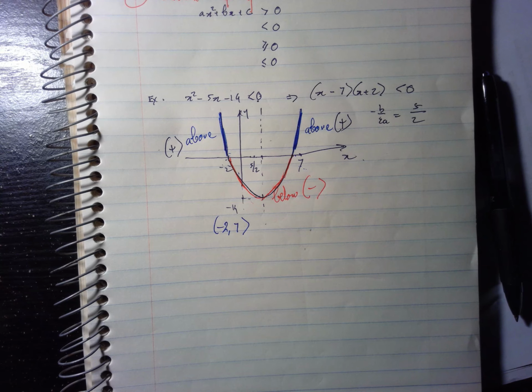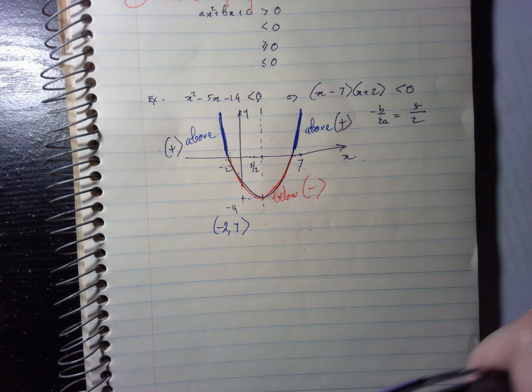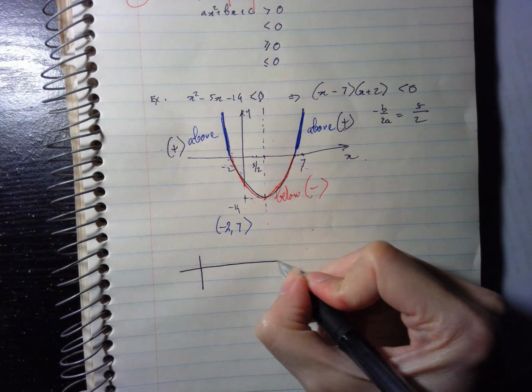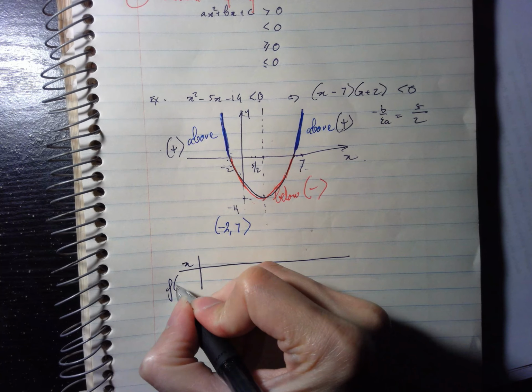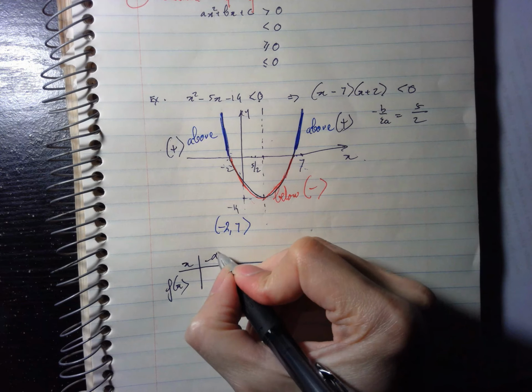And another way to solve a quadratic inequality is using the side table. So this is the side table. This is x and this is f(x), and this is negative infinity, this is positive infinity. I'm gonna put these two values, -2 and 7.